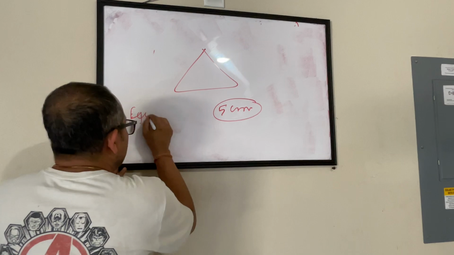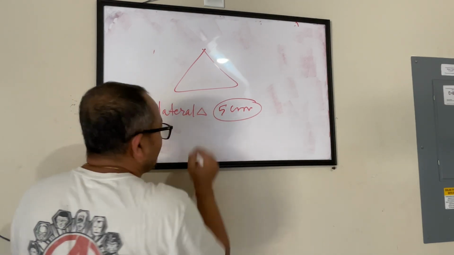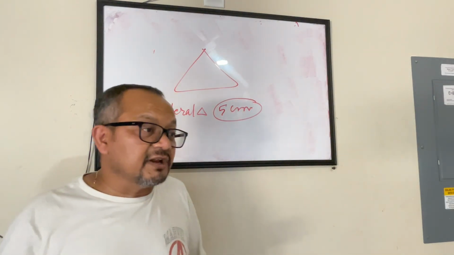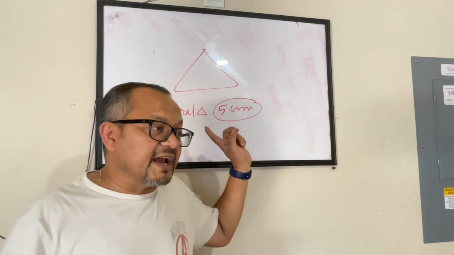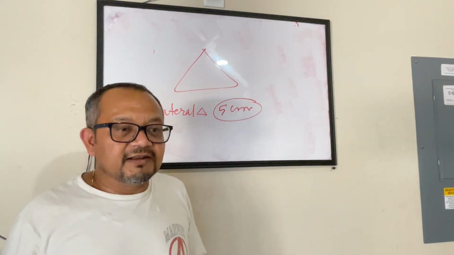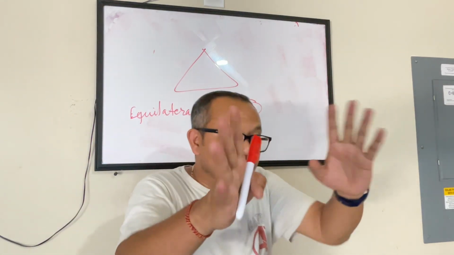This is an equilateral triangle. Now, how will you find it out? Let me give you guys some clue first. This is the first problem.